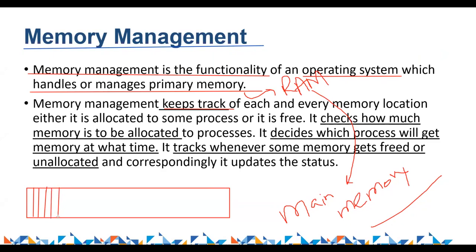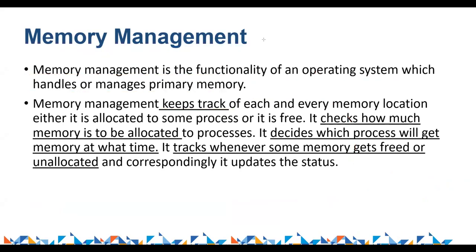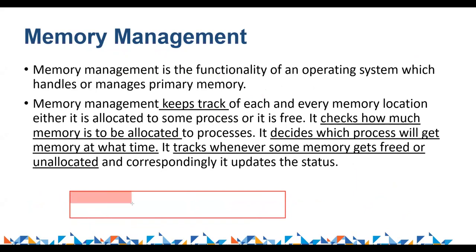Here the operating system is responsible for keeping track of each memory location, whether it is allocated or free. Let's suppose this is our RAM, and this much is full and this much is free. The operating system should keep track of how many memory locations are free and how many are allocated.